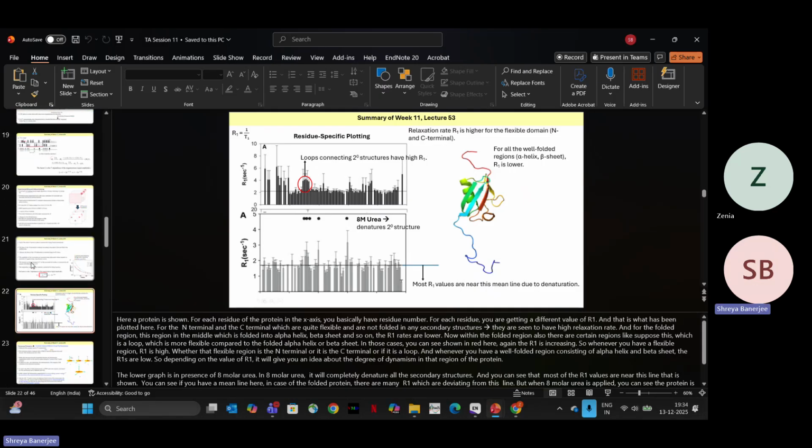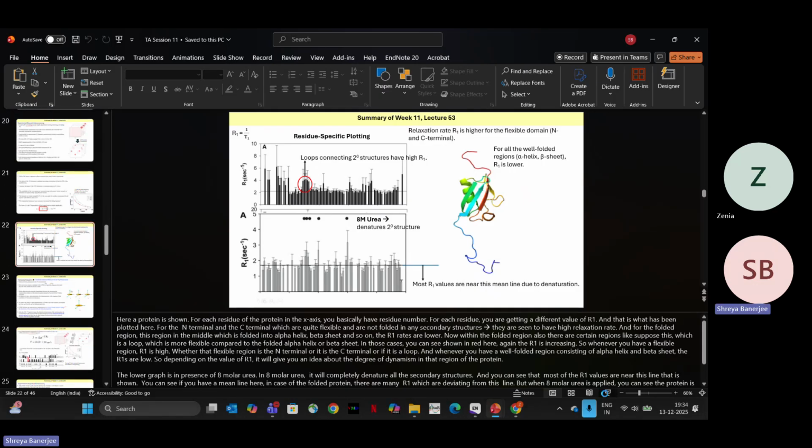We don't need to go into the experimental details, so I'll directly come to the observation.